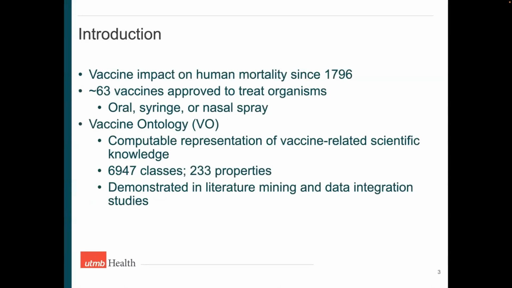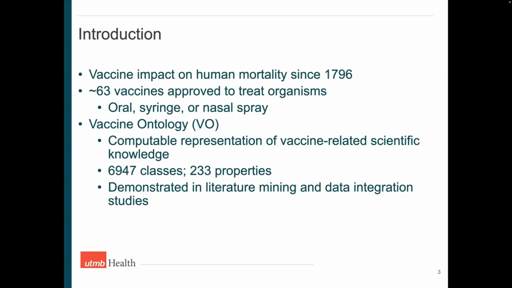Since the 18th century, vaccines have helped mitigate human mortality and diseases. Currently, there are 63 vaccines approved for use in both animals and humans, delivered either orally, through syringe, or by nasal spray.